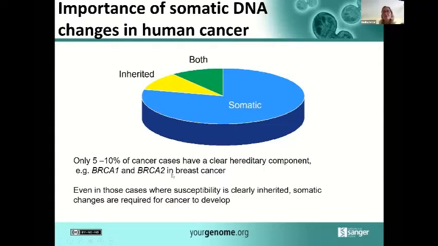So I've given the example of the BRCA gene here. So this is the one that increases your risk of breast cancer, but also sort of cervical and womb cancer as well. But only about 5 to 10% of these cancers have a hereditary component. So in the UK, you can get tested now to see if you have this gene. But you can only get tested on the National Health Service if there's a history of breast cancer in your family.